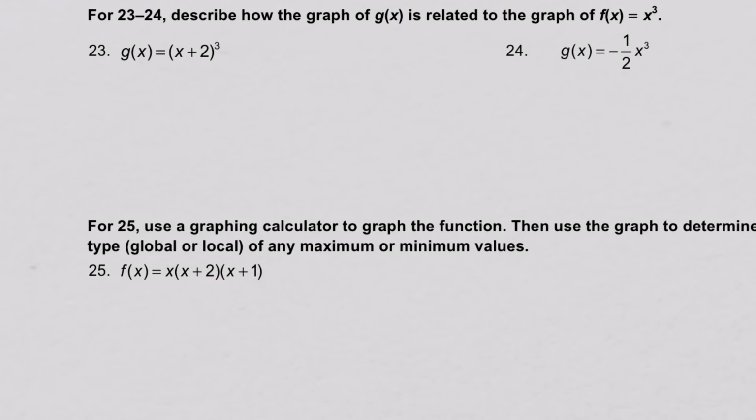Okay, 23 and 24, it says, describe how the graph of g of x is related to the graph of f of x, which is x cubed, right? So it's basically another transformations problem, except I'm talking about cubic functions now instead of quadratics, but basically the idea is the same.